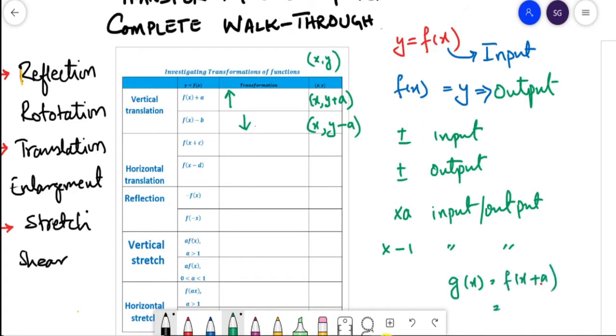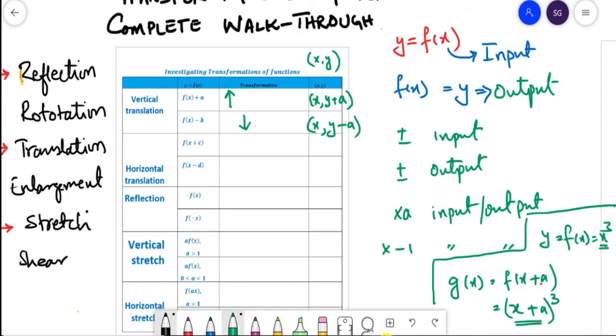Now x is replaced by x plus a, so that will be x plus a whole cubed. If our original function is x cubed, then g of x is obtained by adding some number to it, and so x is replaced by x plus a. So what you're doing is you are changing the input and adding something to that function.